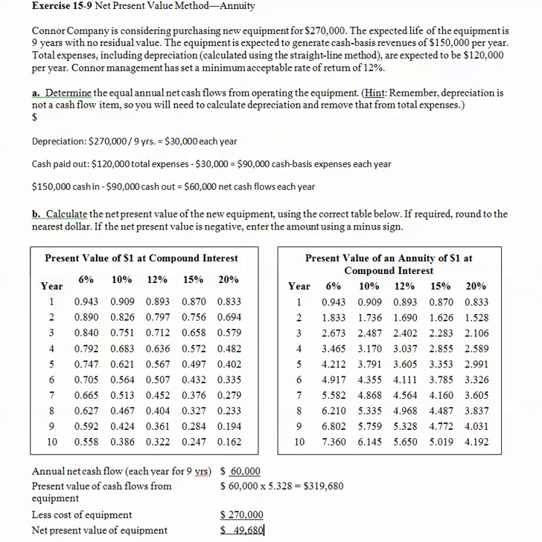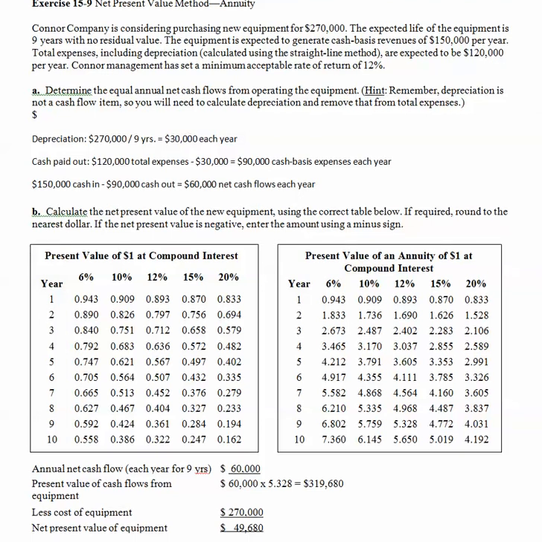In other words, if we were earning 12%, we would have to invest $319,680 today, but we can invest $49,000 less than that. We can invest $270,000 today and get those same returns. That's $60,000 a year, which means this project is giving the company more than a 12% rate of return.